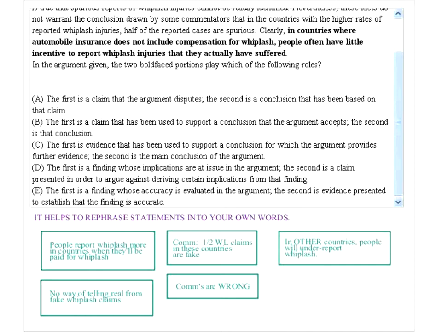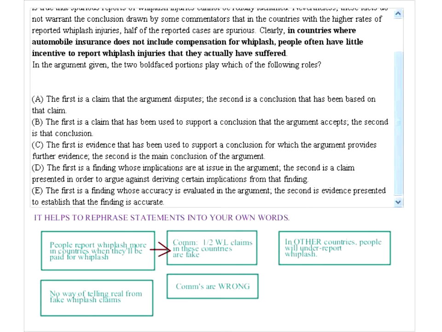Okay, so I'll give you an idea of how this argument is structured. The commentators say that, text box question I'll get to you in a little bit. The commentators claim that one half of these claims are fake. There's twice as many claims in these countries.